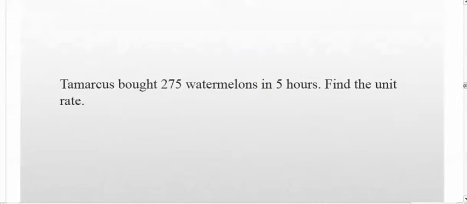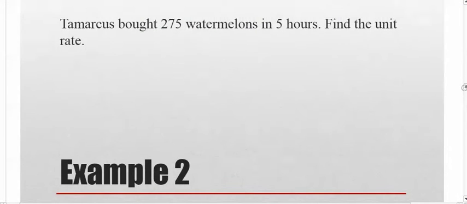So yeah. Our next example is Tamarcus bought 275 watermelons in 5 hours. Find the unit rate. So it's the exact same thing as the first one. Like I said, unit rates are the easiest type of ratio there is. So you do 275 W for watermelons divided by 5 hours.